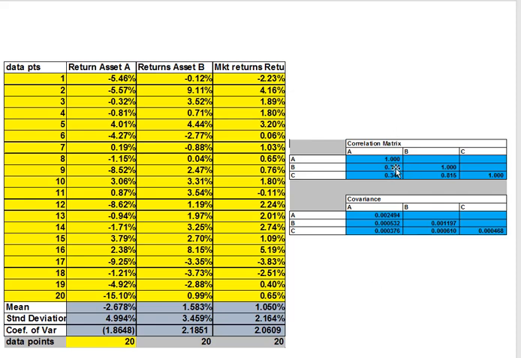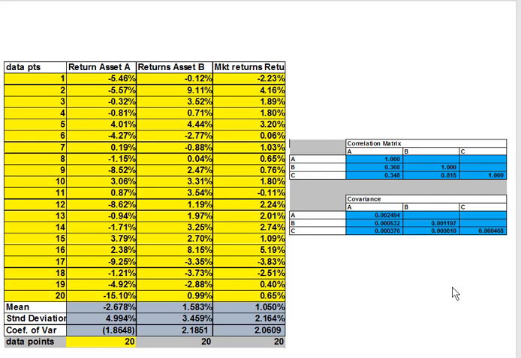If we look at the correlations, we can find that the correlation between Coors and Berkshire Hathaway, stocks A and B, is 0.308, and the correlation between A and C is 0.348, and the correlation between B and C is 0.815.